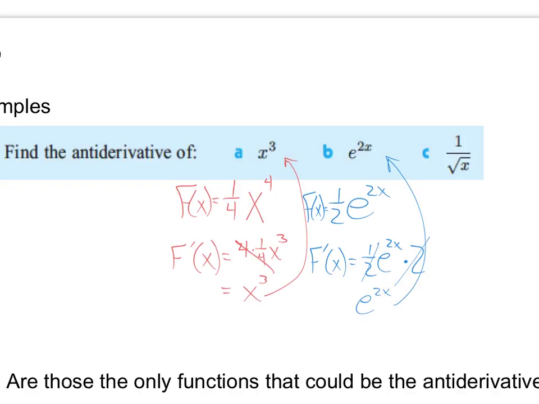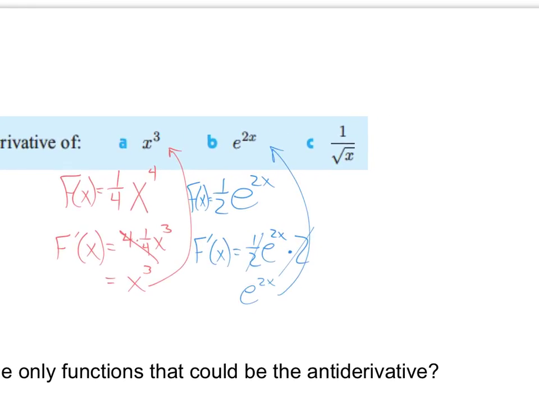Let's try one more here at the end. This we could rewrite as x to the negative 1/2. That might be helpful. So what would our antiderivative be? Can't you just do the log of square root of x? No. Why not?